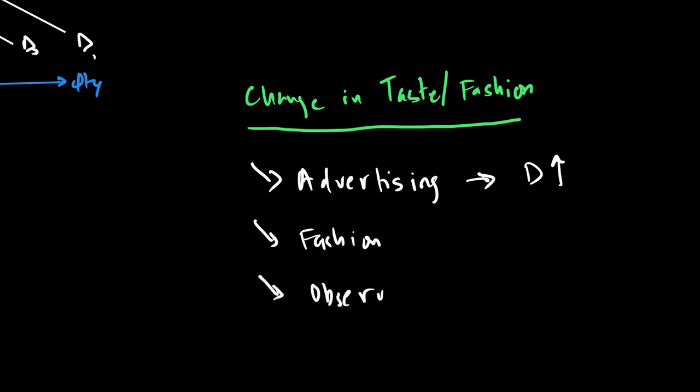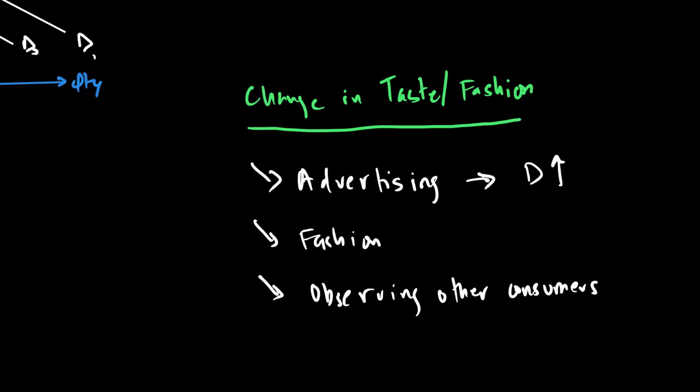You have now these social media and other influencers who are trying to push for goods. So this is what we call observing other consumers, that can also make the change in taste or fashion happen, and can change the demand. And demand can both go up or go down, depending on, of course, whether the change in taste or fashion is favorable for you or not.